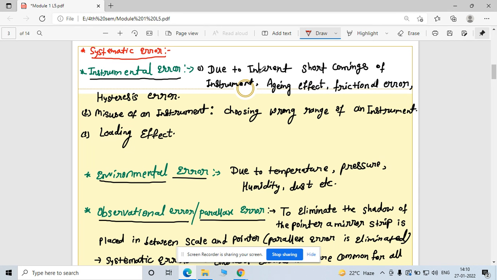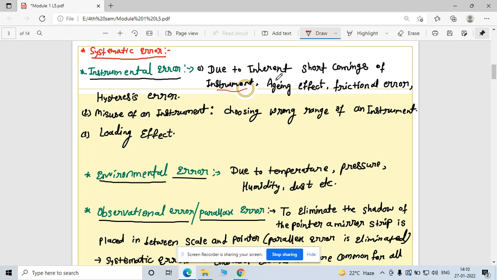So instrumental error is due to the inherent shortcomings of the instrument. Sometimes you also find this aging effect. That's why we place the damping slightly greater than critical damping and slightly less than under damping.